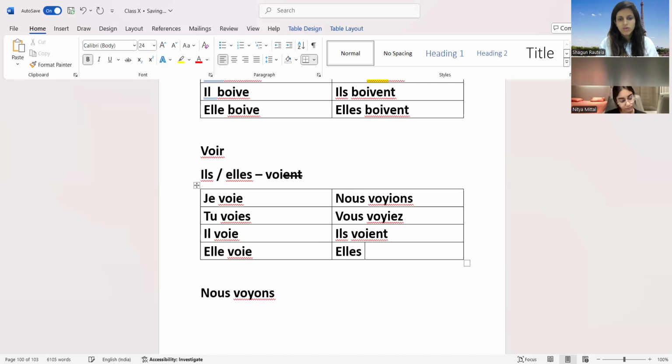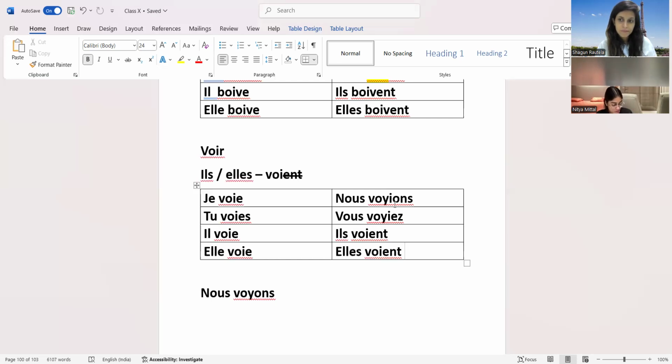So what line did I give you? If a verb is an exception in present tense, it will be an exception in subjunctive. And generally the verbs are exceptions with nous and vous only. Any doubt?